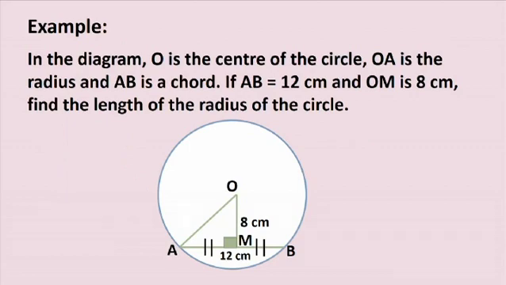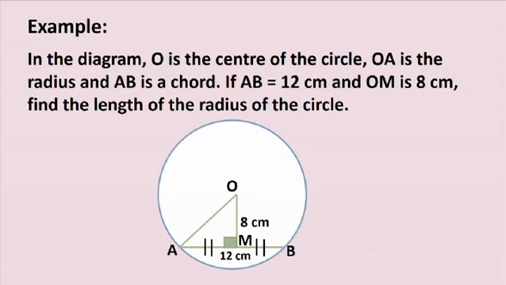We now consider an example. In the diagram, O is the center of the circle, OA is the radius, and AB is the chord. So if AB is equal to 12 centimeters and OM is 8 centimeters, find the length of the radius of the circle.